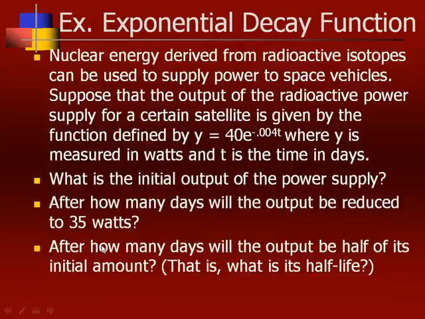Another type of problem says nuclear energy derived from radioactive isotopes can be used to supply power to space vehicles. What is the initial output of the power supply? After how many days will the output be reduced to 35 watts? And after how many days will the output be half of its initial amount?